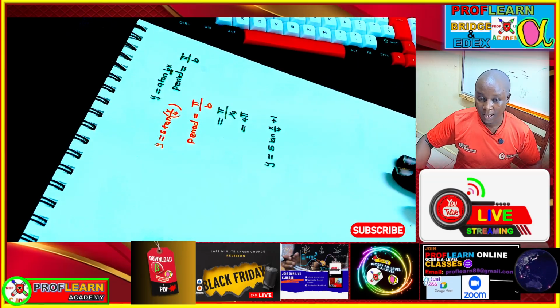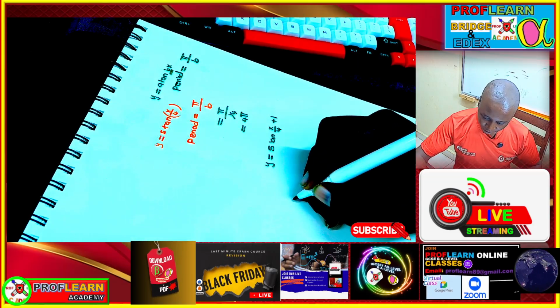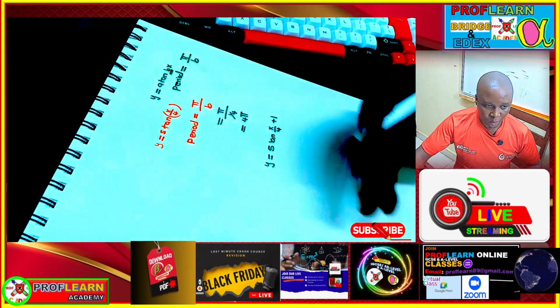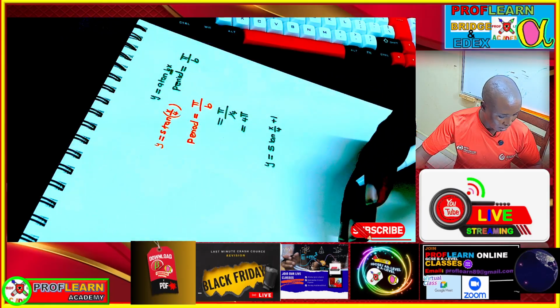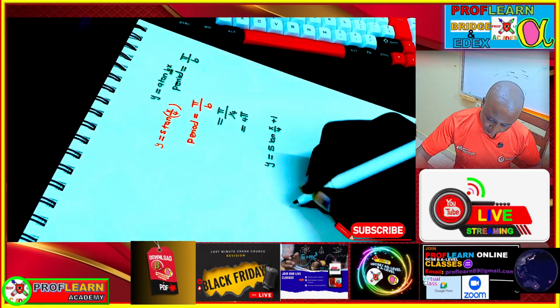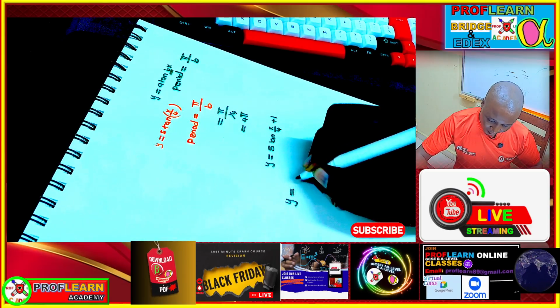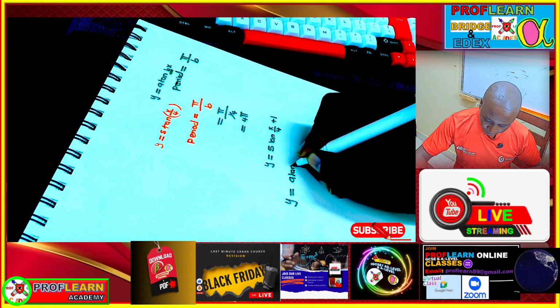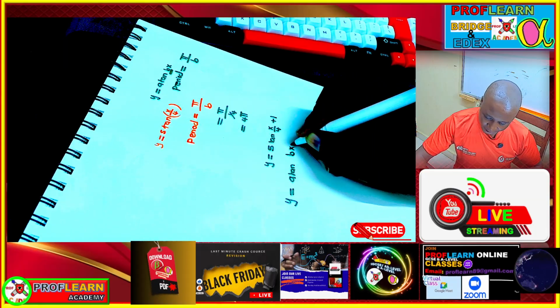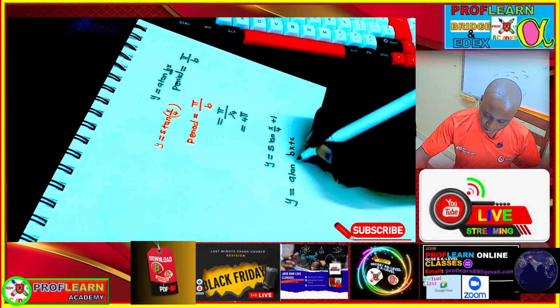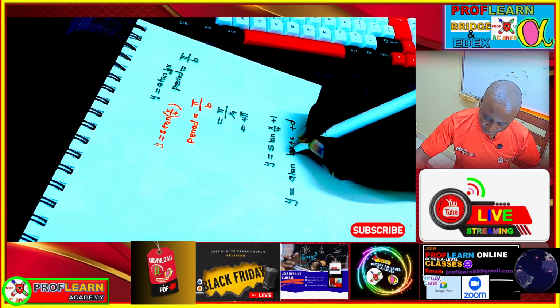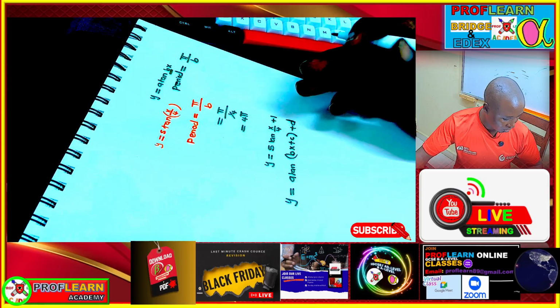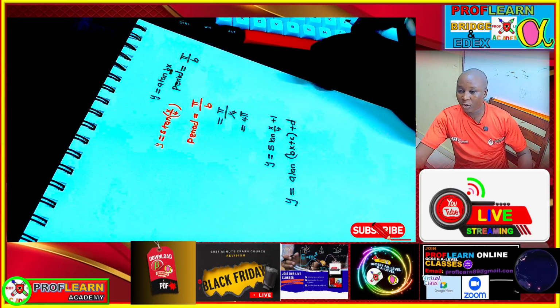So if you want to find the points where the asymptotes are, let's give a general equation y is equals to a tan bx plus c, and then we can say now plus d. That's the general equation of a trigonometric function.